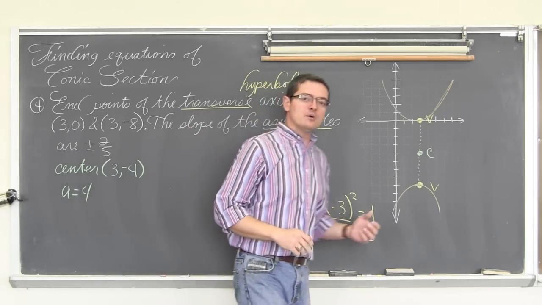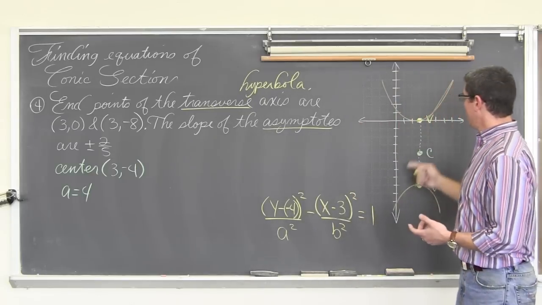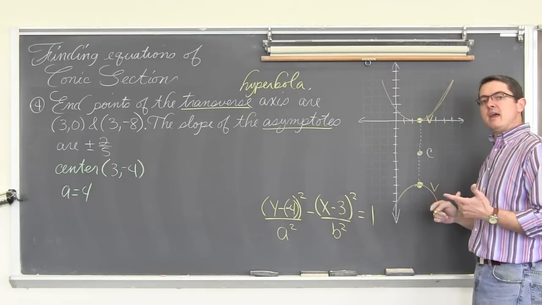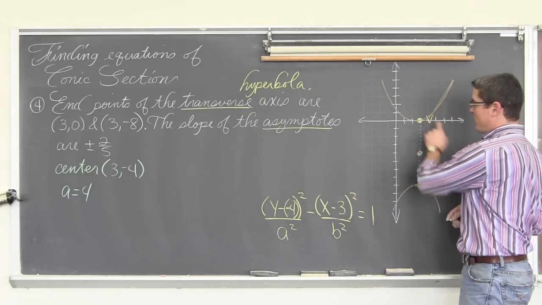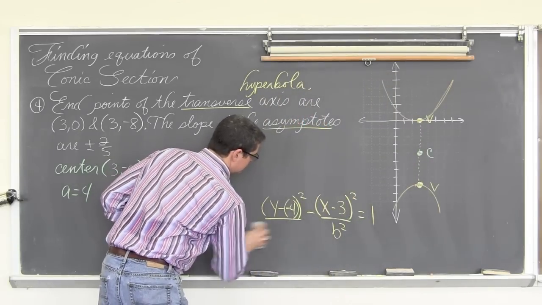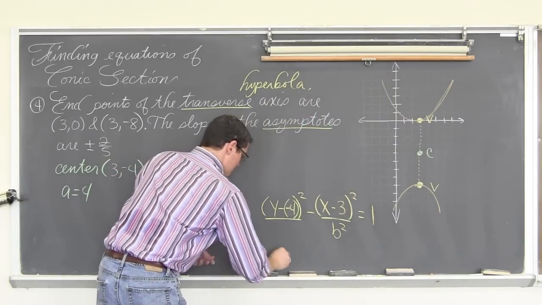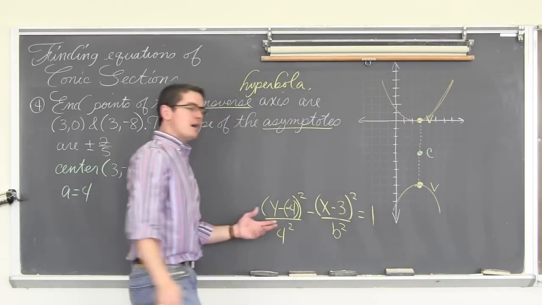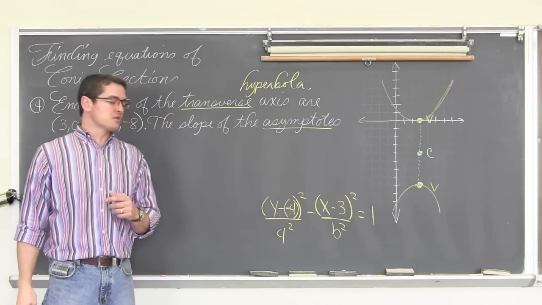So now all we have to know is a and b. Well, from center to vertex is a, so that's 1, 2, 3, 4 units. So we know that a is equal to 4. So the denominator for this positive fraction is going to be 4 squared.